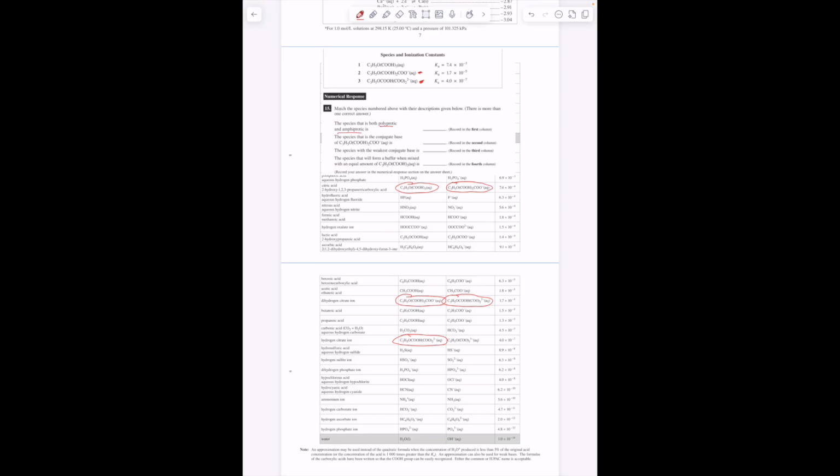Okay, so the answer here is, looks like there could be a couple of answers here. This one and this one are amphiprotic, which means that is number 2. And this one and this one are amphiprotic.